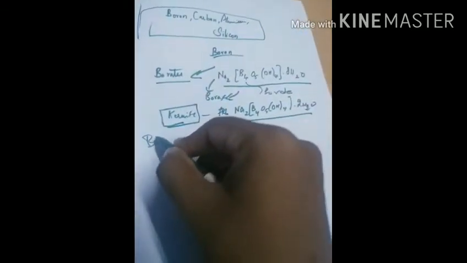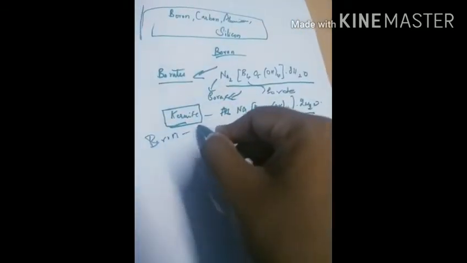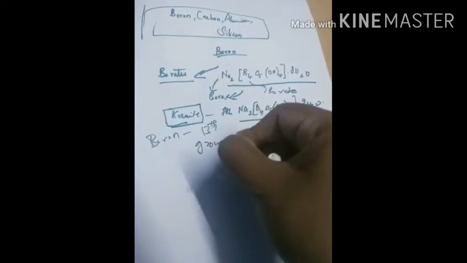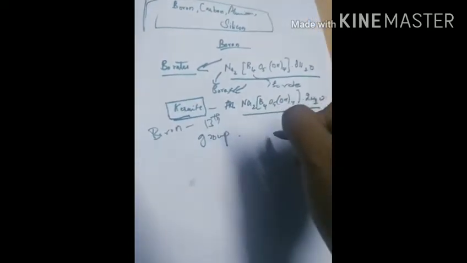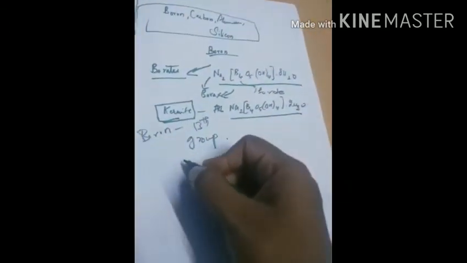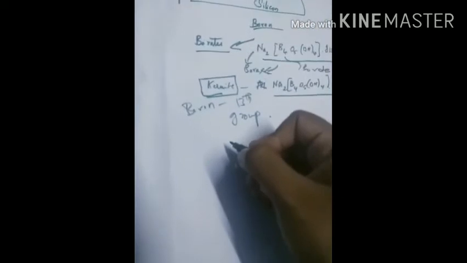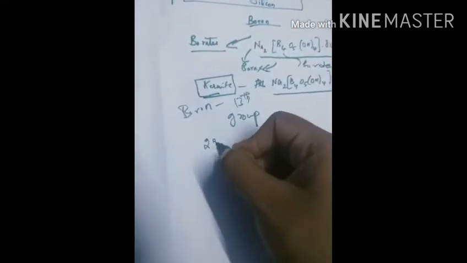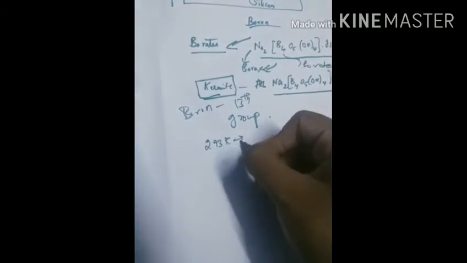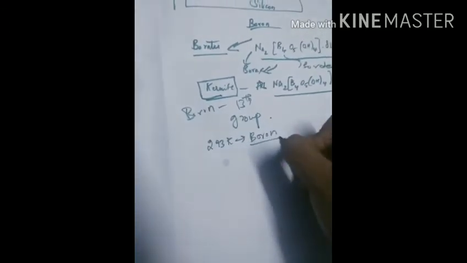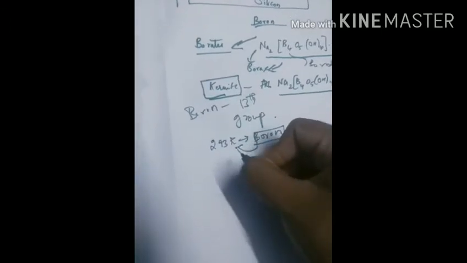Boron, as we know, is a p block element, in the 13th group of the p block. So we are going to see some of the physical properties of boron. Physical state, that is, at 293 Kelvin.